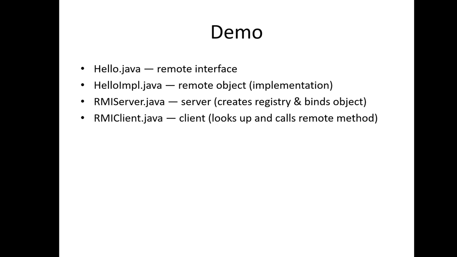Once registered, the client can discover it, find it, and make a call to the remote object. Finally, the RMI client is the last file, which acts as the manager. The client looks up the assistant's name in the RMI registry, just like searching for a contact in a phone app.